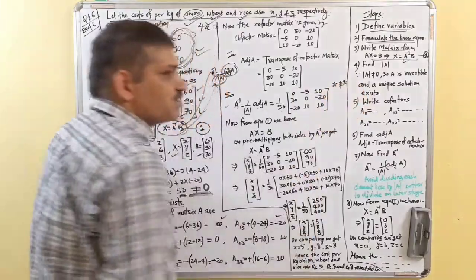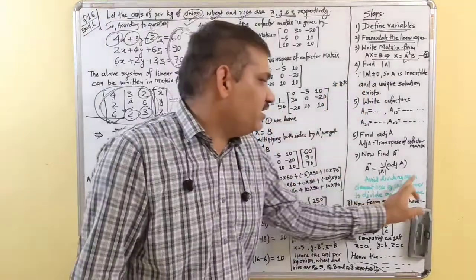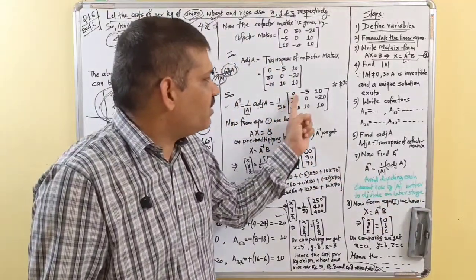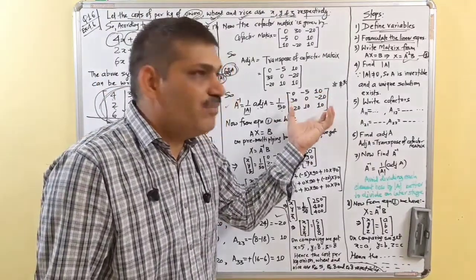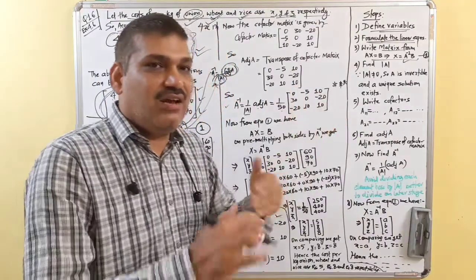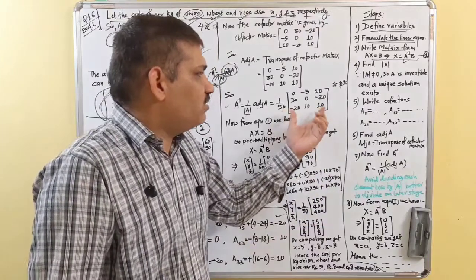Here one point must be there on our mind. Avoid dividing each element here by determinant A, because if you divide each and every term by 50, then almost all the elements of this matrix will be fractions, and the calculation in fractions is a bit tougher than integers.